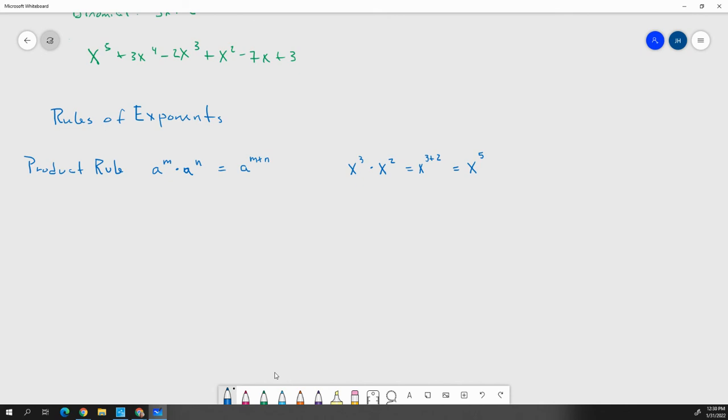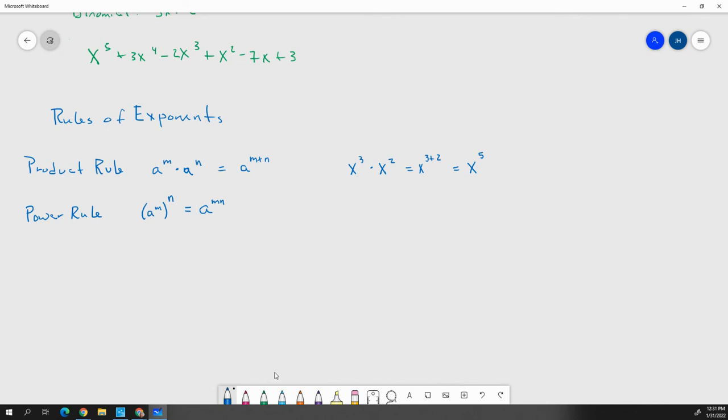The power rule is when we raise an exponent to an exponent. So if I have a to the power of m and I raise it to the power of n, then we multiply them. Then I get a to the m times n, or a to the mn.